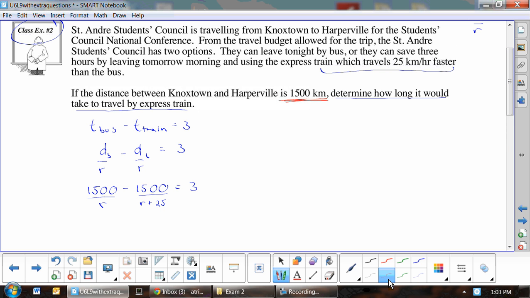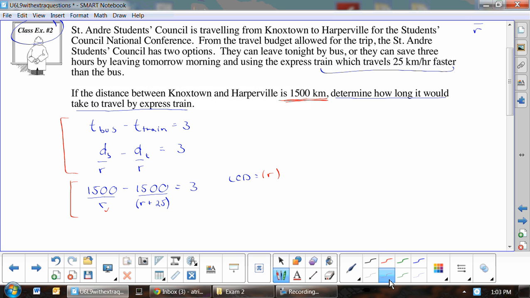So we're done the hard part of the question. This part here is the hard part. Now we just have to solve our rational equation. And so we know for our common denominator, we solve it just like we've been doing. So we say, okay, we know we need an R, and we know we need an R plus 25.